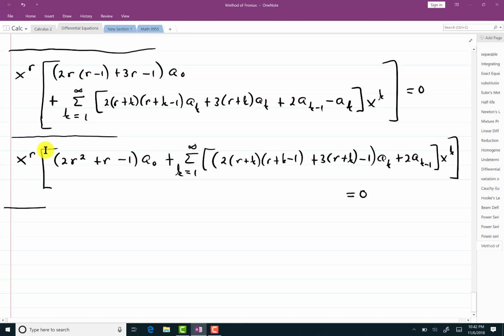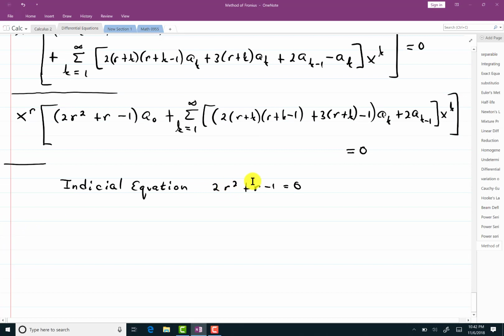So here's my indicial equation. We have 2r squared plus r minus 1 equals 0. I hope this factors. If the factors aren't really good, it's just going to make this a horribly complicated problem to do. So I hope it does work out. I'll start this with a 2r and an r, hoping that it will factor. I need to end with a negative 1.